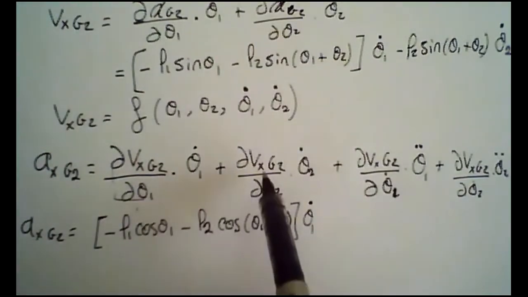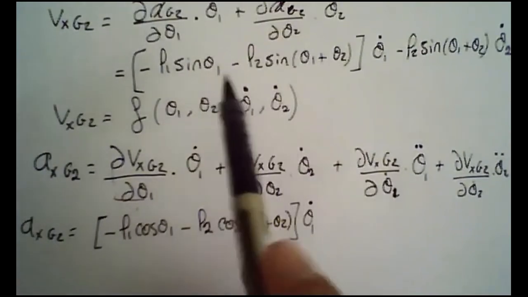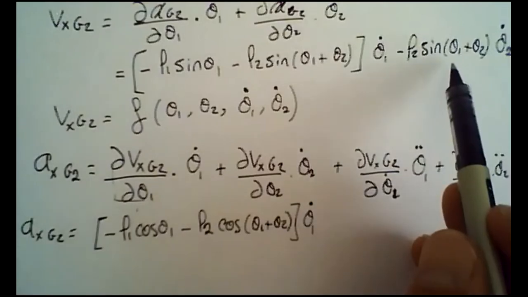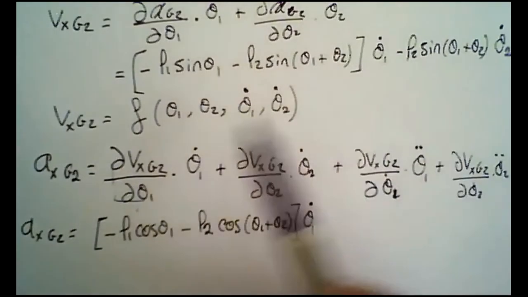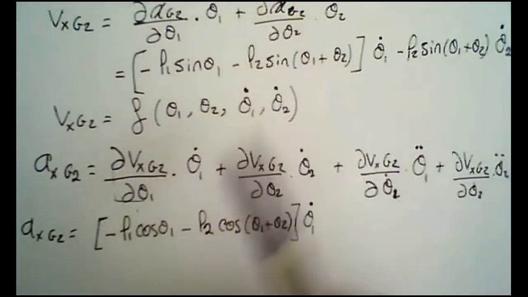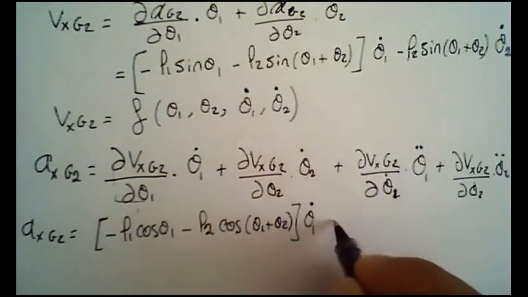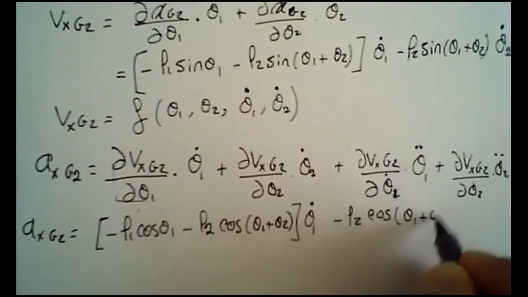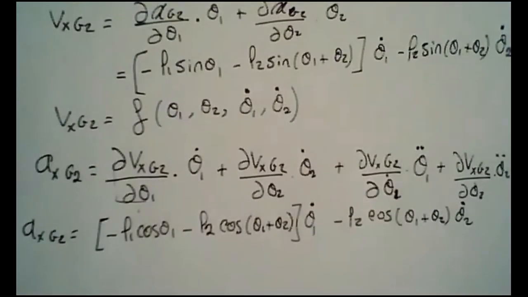Now, what is the second term? Partial derivative of this with respect to theta 1, so we still have this term. This is the first part. And the second part, we also have minus L2 cosine theta 1 plus theta 2, multiplied by theta 2 prime. Okay, now we're done with the first one.